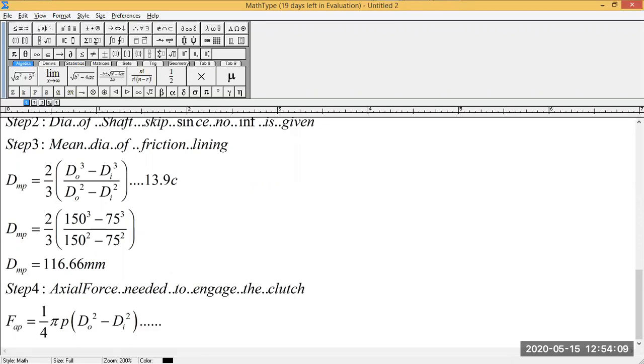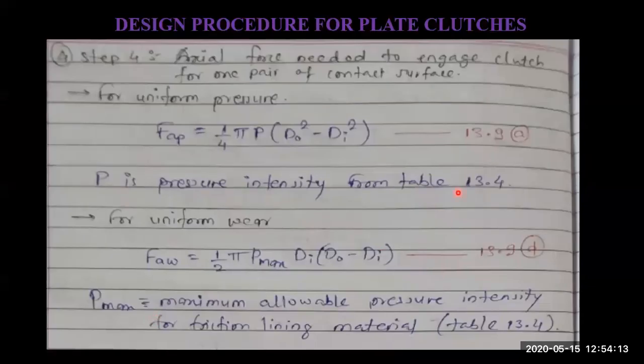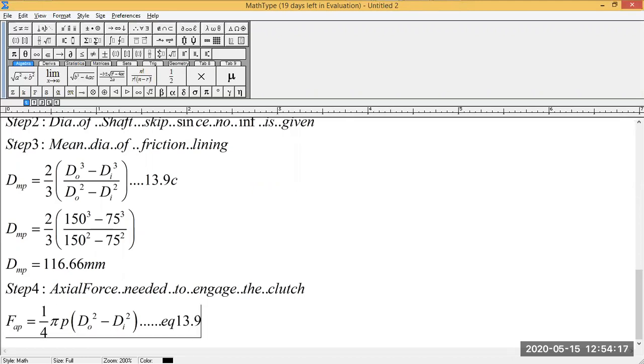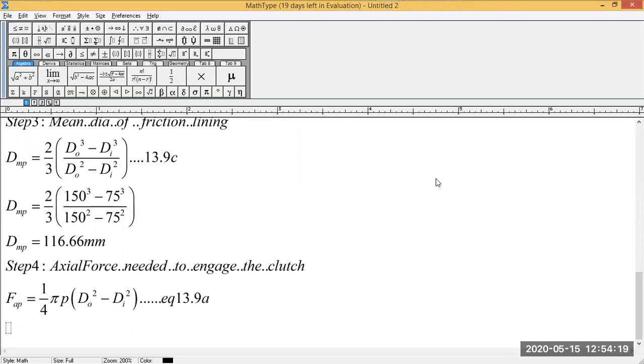This is according to equation 13.9a. So only P is required to be found.